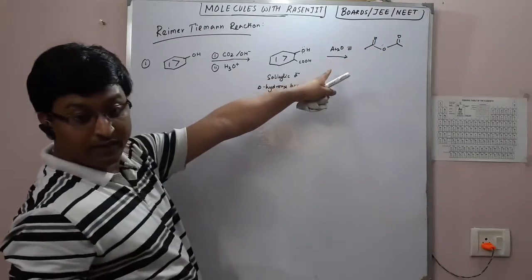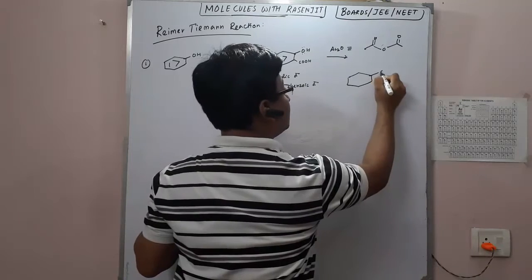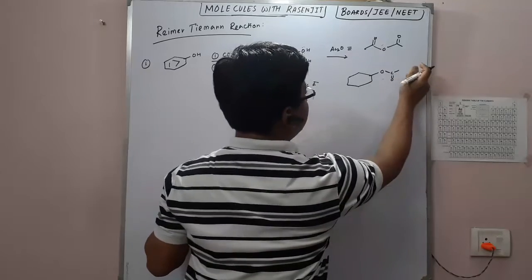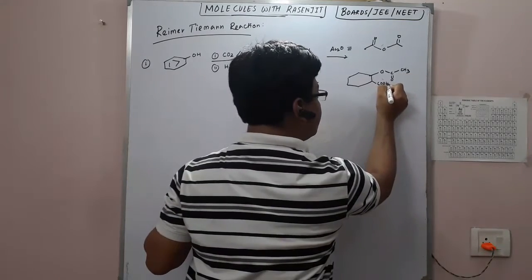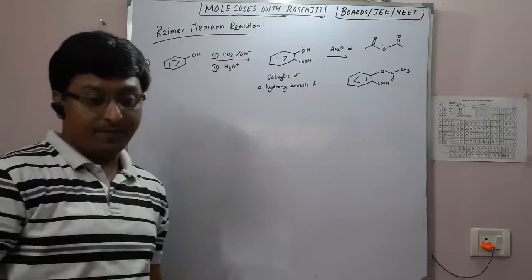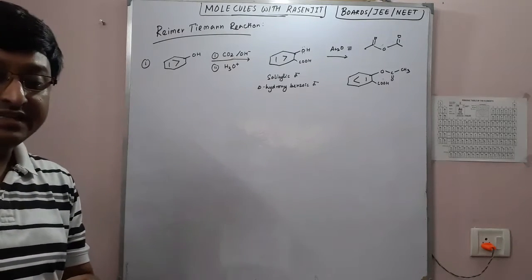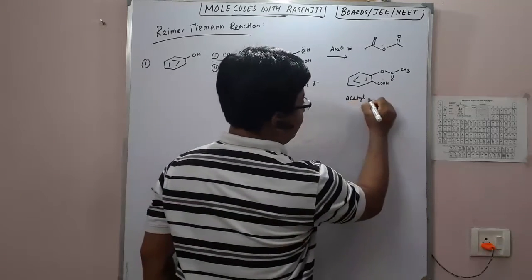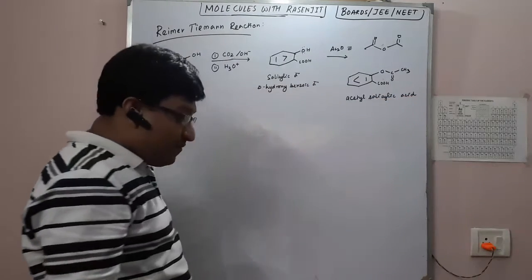So you are basically making O, C double bonded O, CH3, and C double O, OH. Now, this is known as acetyl salicylic acid, and this is a very important compound.